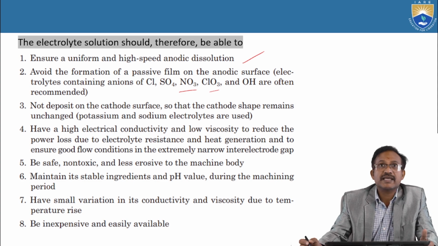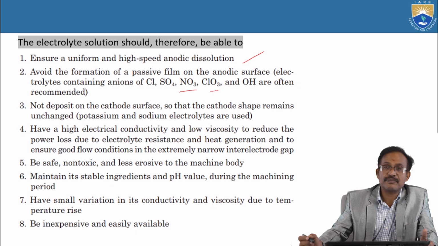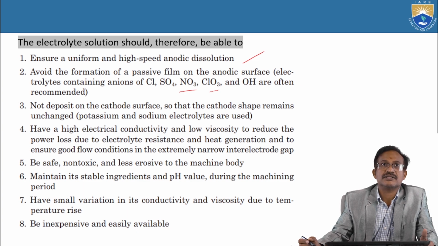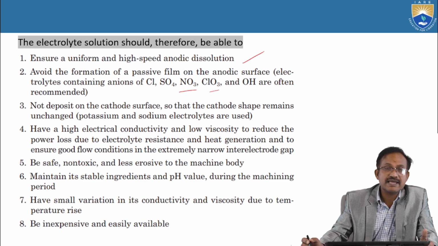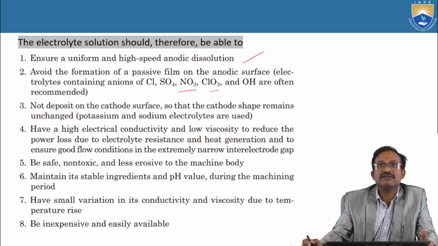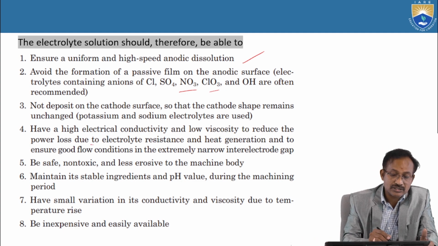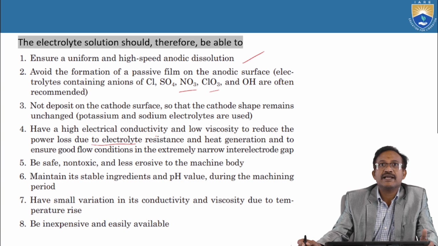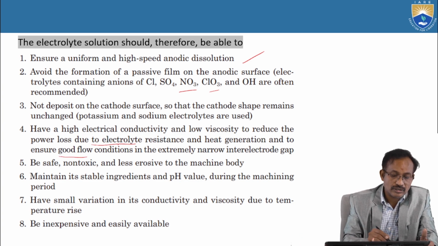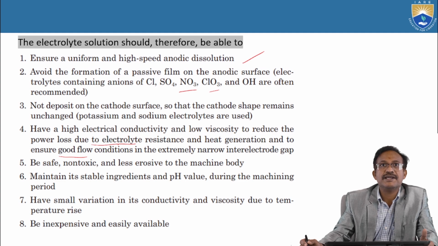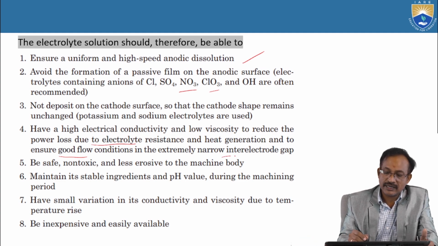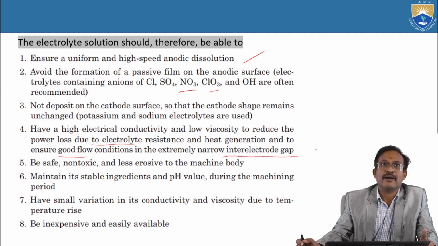It should not deposit on the cathode surface so that the cathode shape remains unchanged. It should have a high electrical conductivity and low viscosity to reduce the power loss due to electrolyte resistance and heat generation, and to ensure good flow conditions in the extremely narrow inter-electrode gap.